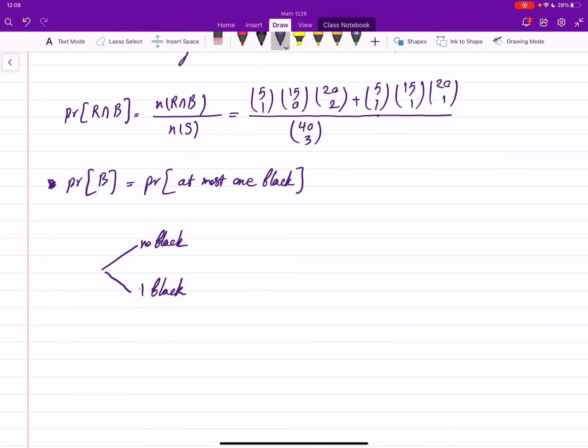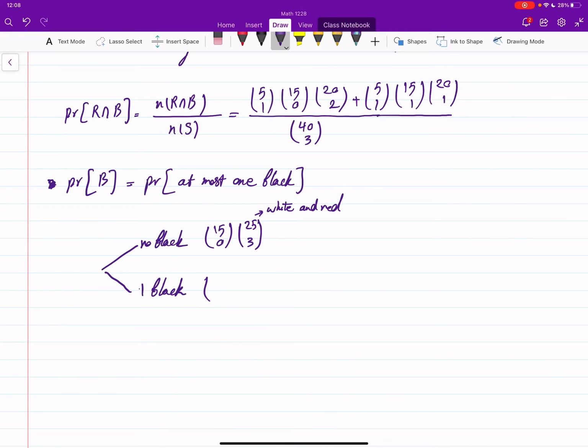For no black, it means that I choose nothing from 15 blacks, and then the rest, the three, basically all three, will come from the white and red together. So there are 25 of those, so this is white and red.